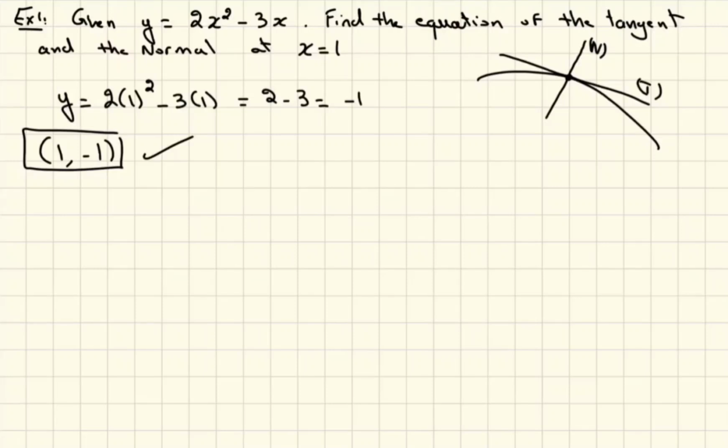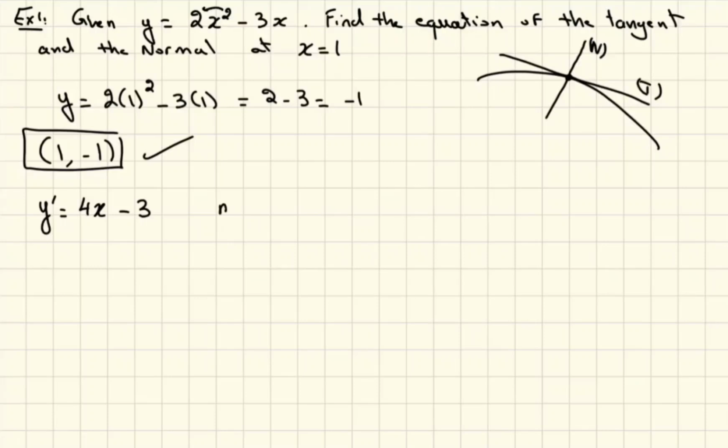If it's not, then you need to find it. The next step is finding the derivative. In this case we bring the 2 down, so 2 times 2 is 4x. Whenever we have something of the form 3x, its derivative is only 3, so we get y prime equals 4x minus 3.